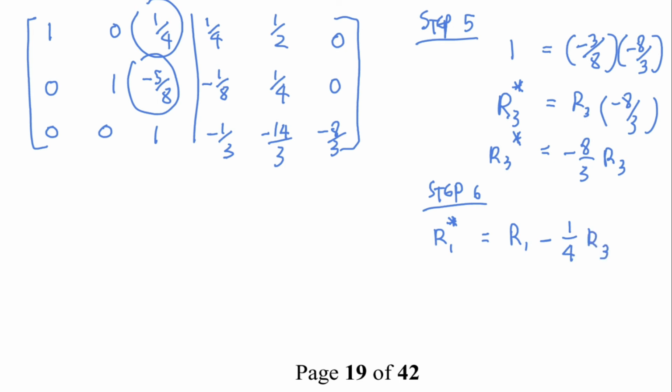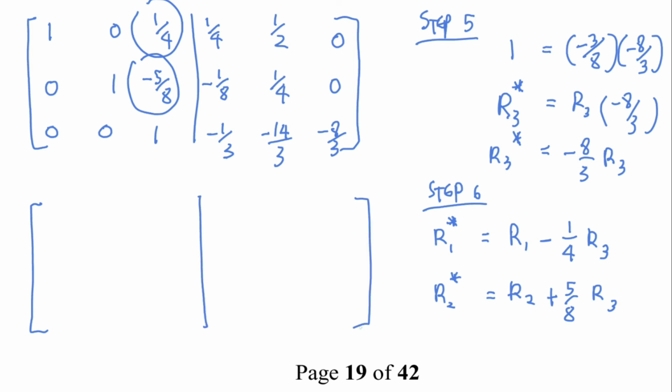And then since negative 5 over 8 plus 5 over 8 is 0, the new row 2 is the original row 2 plus 5 over 8 row 3. Understand? So we proceed with the solution.